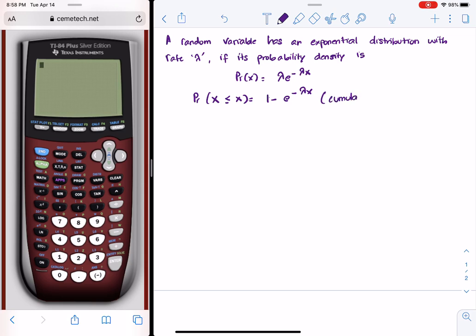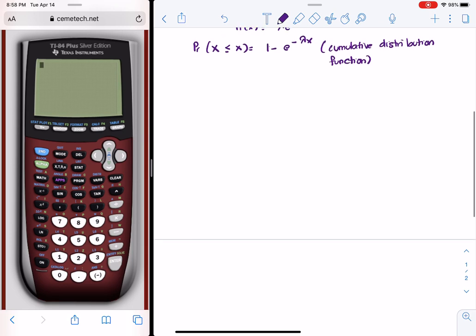That's what we call the cumulative distribution function. So an example would make sense here before we move forward.